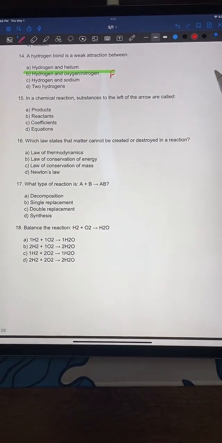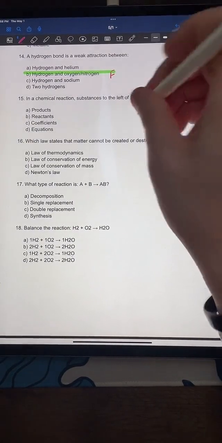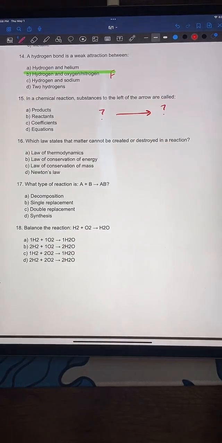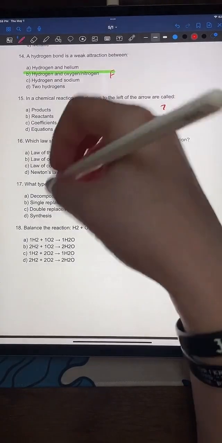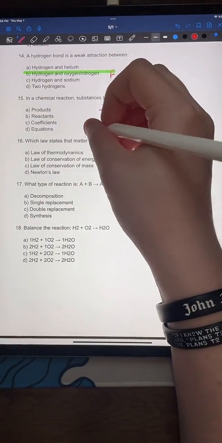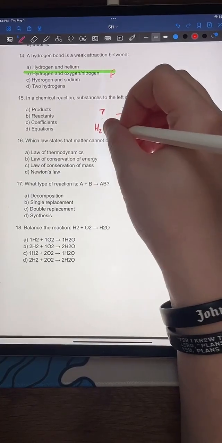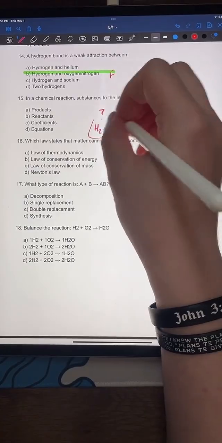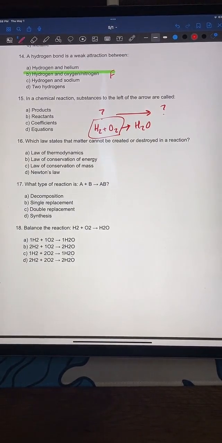But number 15, in a chemical reaction, substances to the left of the arrow are called. So if we have a reaction, let's just say we have H2 plus O2 yields H2O. So the left side of the arrow, what would these be called?